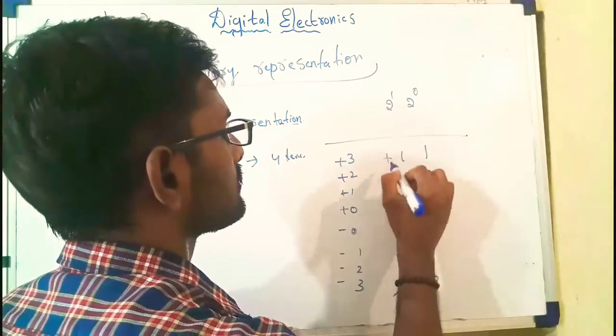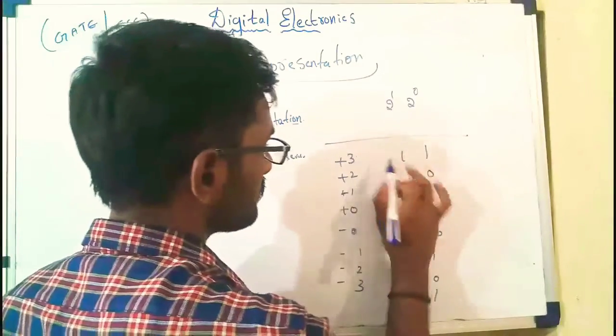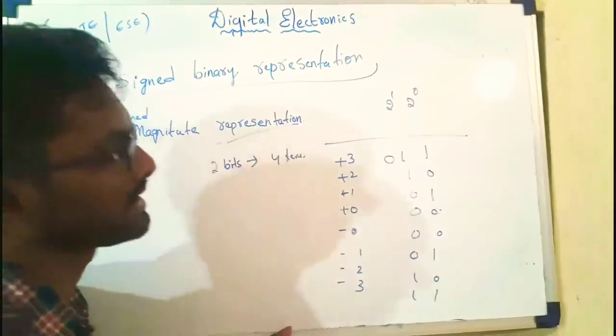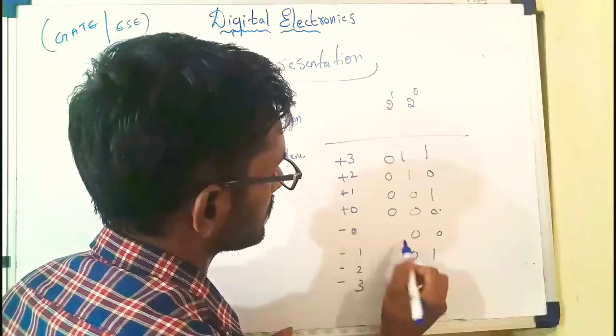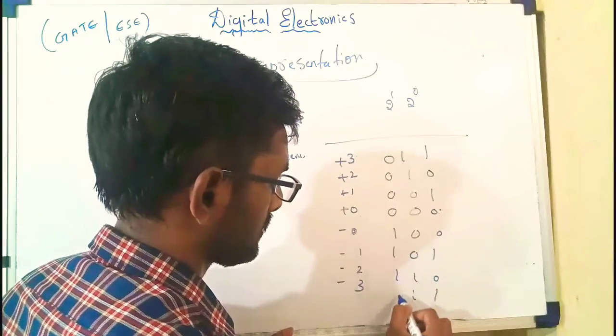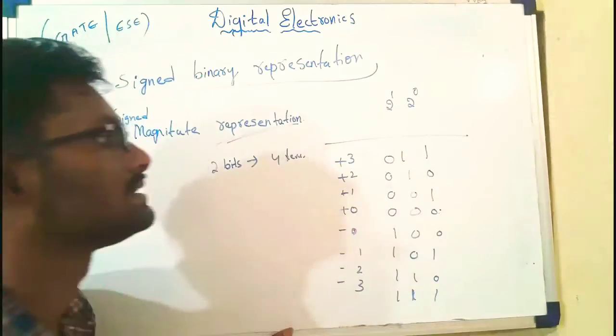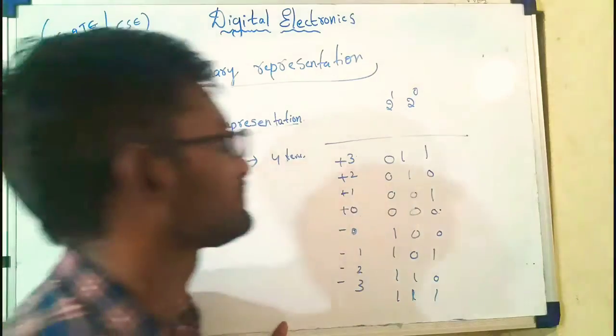For positive numbers, we are giving the MSB bit as 0. Here for negative, we are giving it as 1. This is the final values.